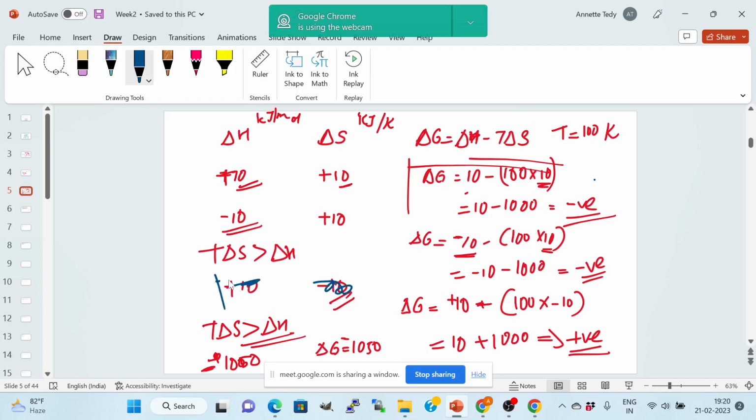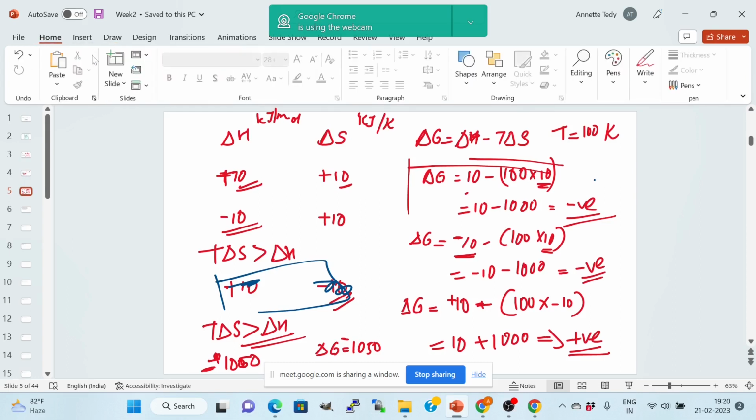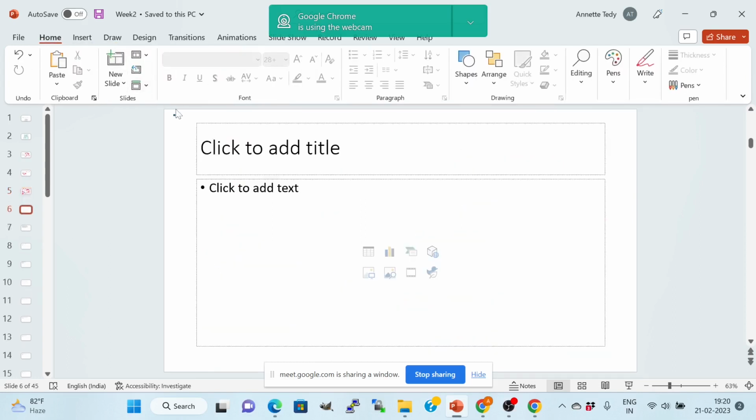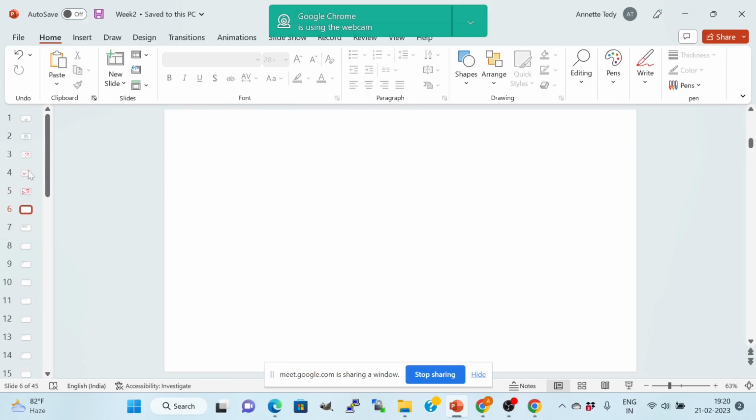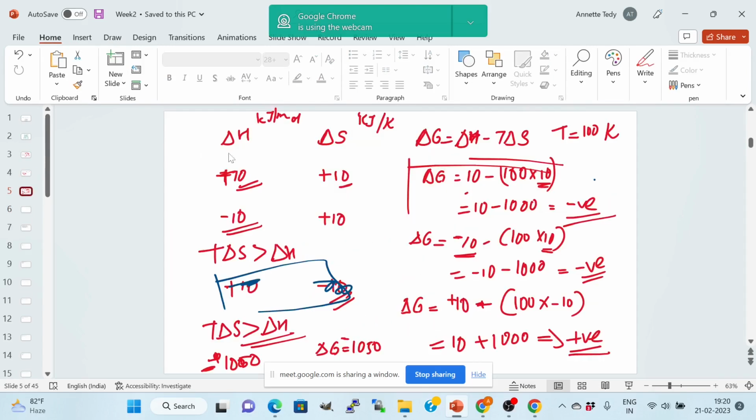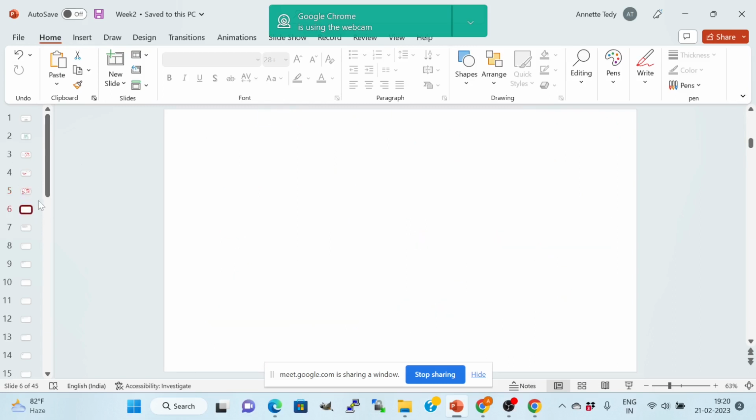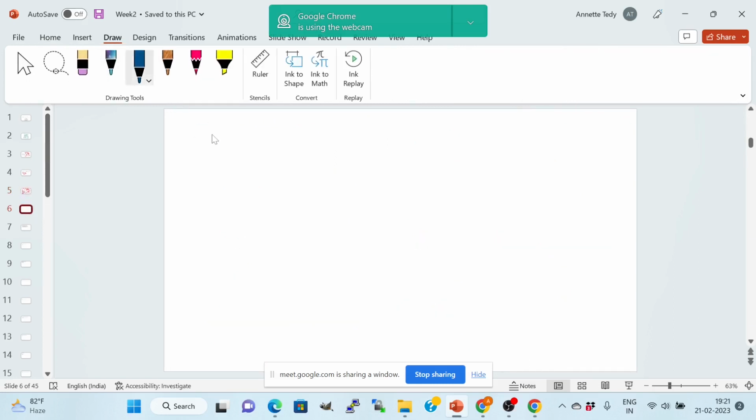This is a separate case. Sorry, this is a separate case. Okay, I am confusing because I am writing a lot of things in the same slide. Maybe that's why you are getting confused. Anyway, I'll try to write fewer things in more slides.